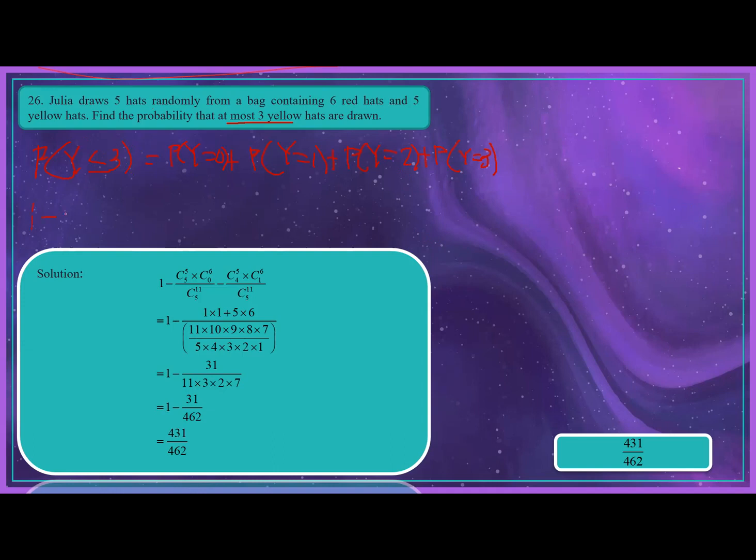So it means 1 minus P when y is greater than 3. When y is greater than 3, it means y equals 4, and y equals 5, because at most we have 5 yellow hats.